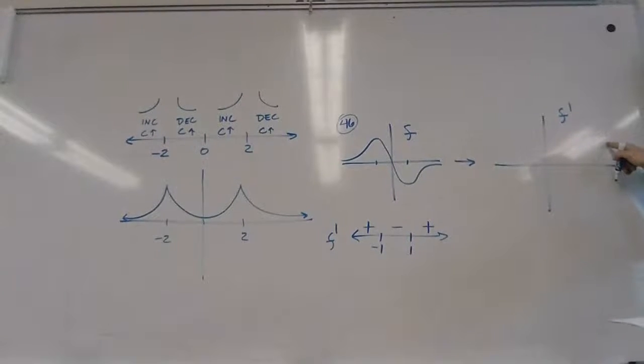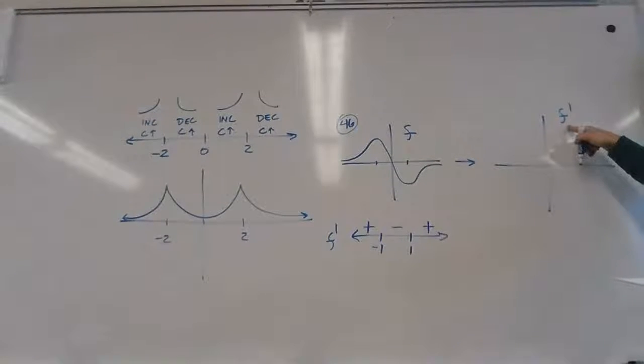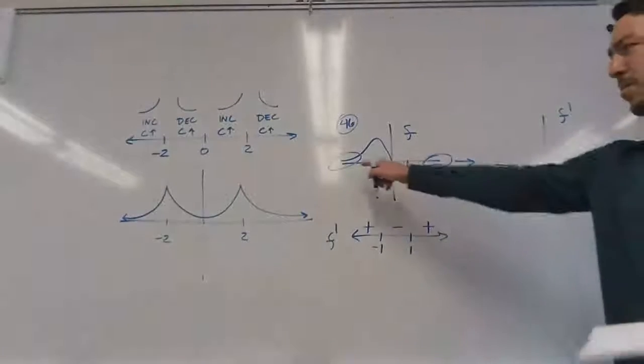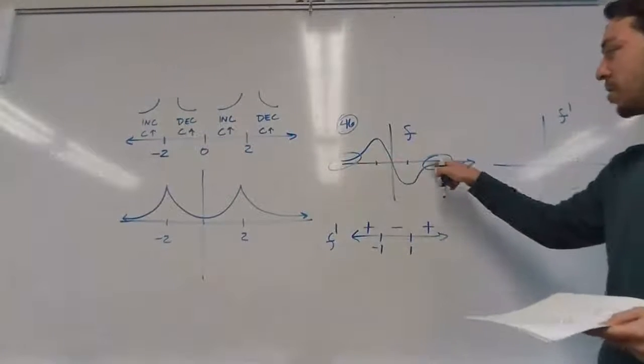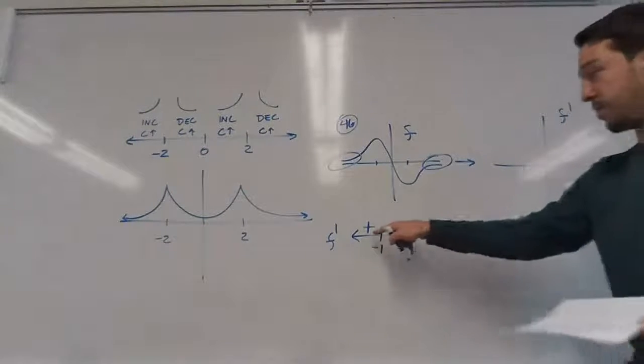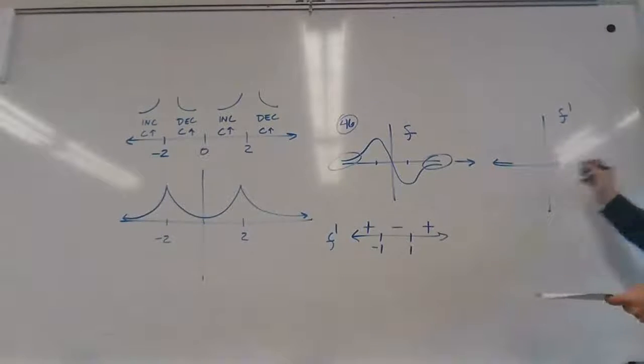And then also, what should my derivative be approaching on the far ends, for example? Those are pretty flat. It's a pretty flat function, right? So 0 derivative, but it's positive. So I've already got the end behavior.